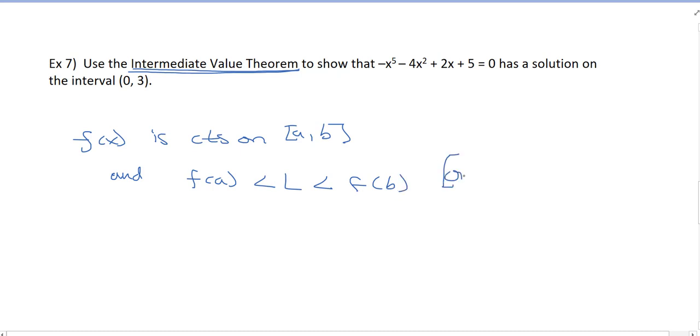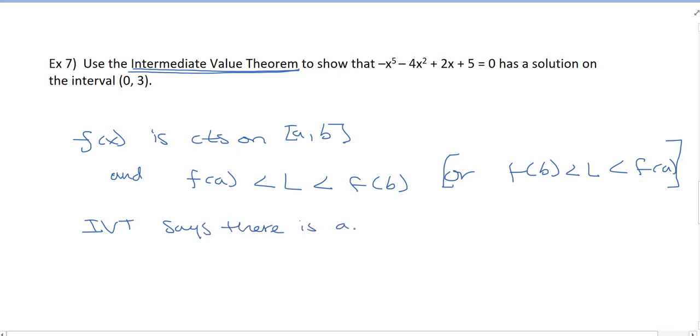It could also be f of b less than L less than f of a, depending on whether you have an increasing or a decreasing function. So L just has to be a value in between. Then the IVT, the intermediate value theorem, says there is a c in (a, b), the open interval, so not one of the endpoints, such that f of c is equal to L.